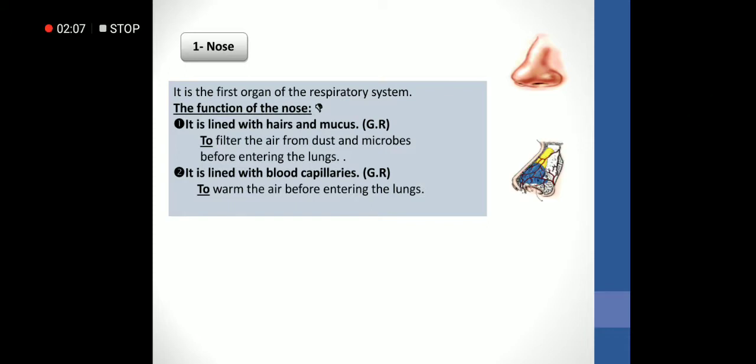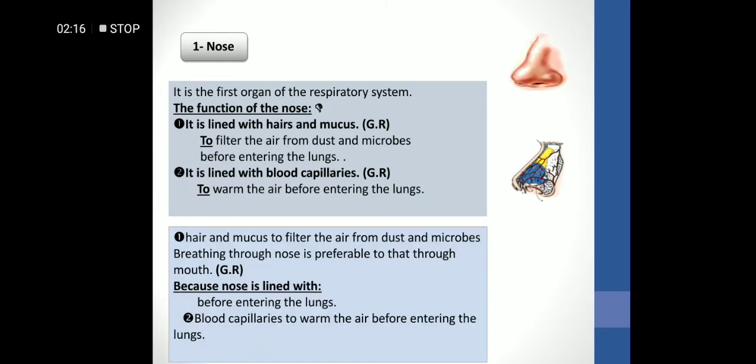Number 2, the second function of the nose, it is lined with blood capillaries to warm the air before entering the lungs. Give reason. Breathing through nose is preferable to that through mouth because nose is lined with hair and mucus to filter the air from dust and microbes, and blood capillaries to warm air before entering the two lungs.